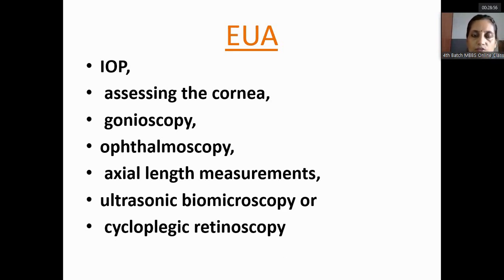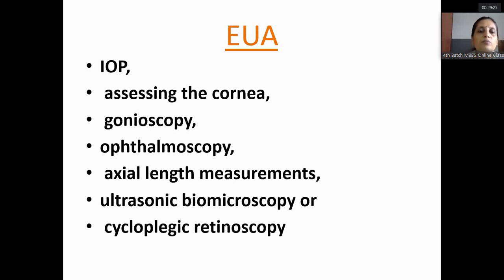Assessing the cornea, we have to assess the cornea clearly with the portable slit lamp. If we do not have a portable slit lamp, we can see with the help of the torchlight also. The diameter of the cornea is measured with the Castroviejo caliper; if we do not have it, we can measure grossly with the help of a ruler.